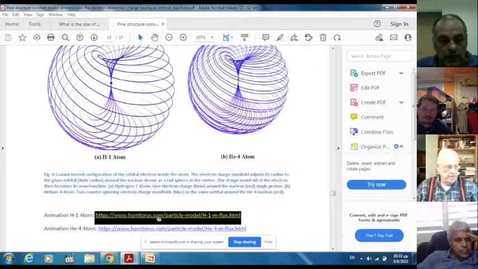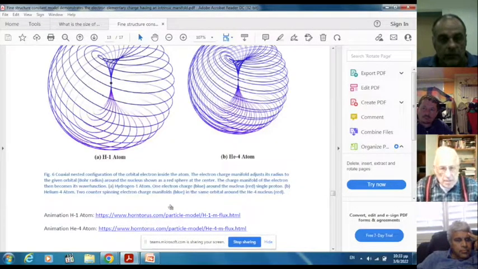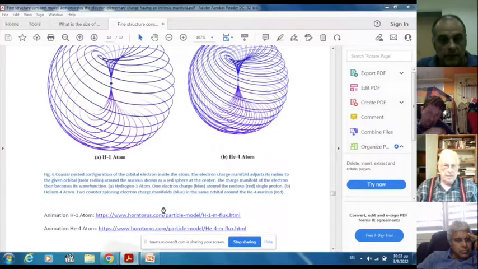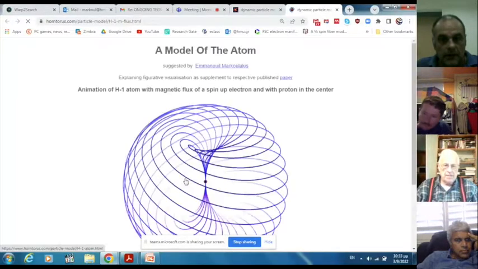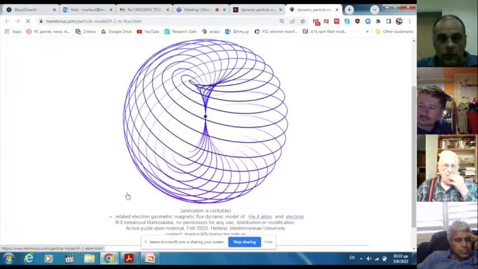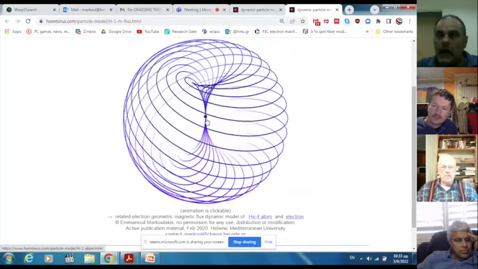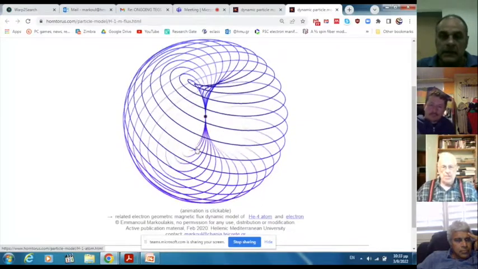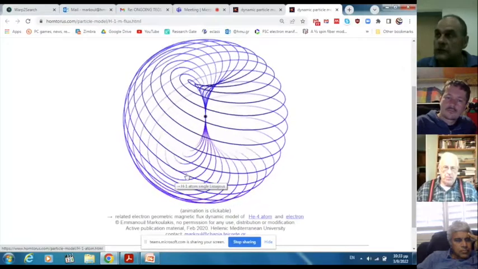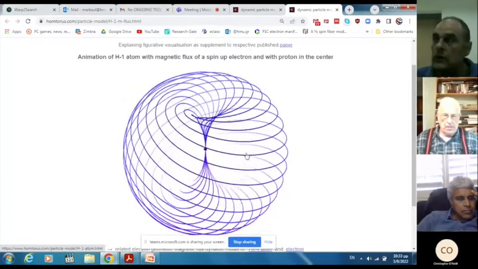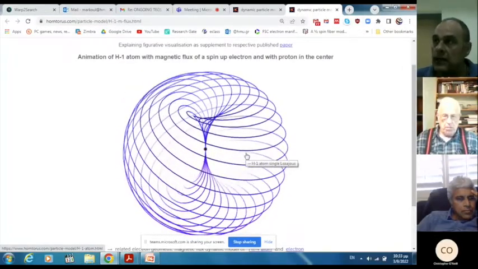We have to see also this. This is a hydrogen atom. So we have here the nucleus, one proton, it's a hydrogen one, and this is the wave function of the one electron. The wave function in our model is the flux of the electron.